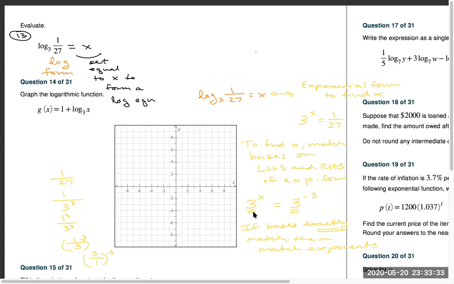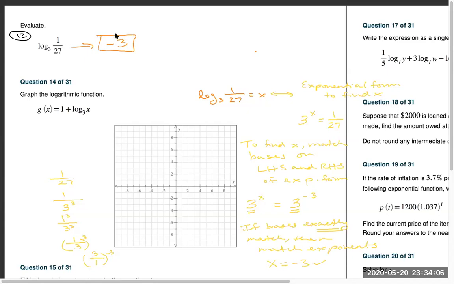Okay. X is going to equal -3. Okay. Save a picture of that. Erase this top part here. So what we found is that log base 3 of 1/27 is -3.